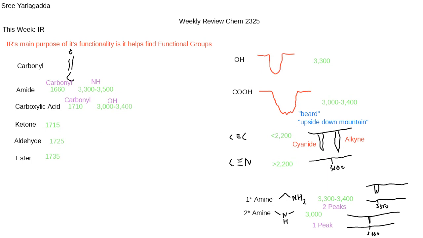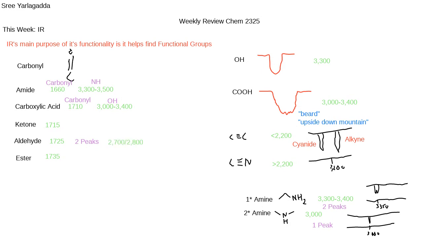So aldehyde, it has two additional peaks at 2700 and 2800. Let me write it in purple. So aldehyde has two peaks at 2700 and 2800.